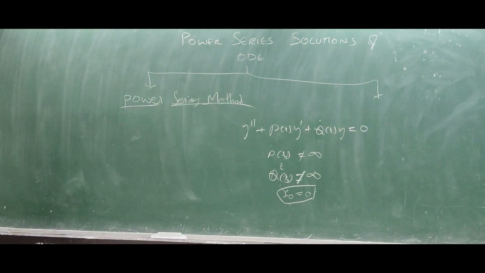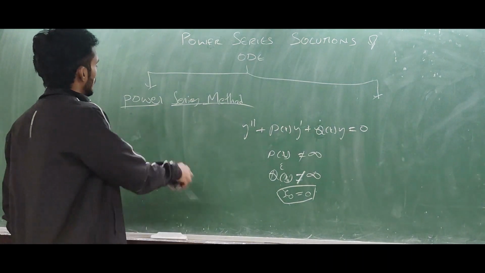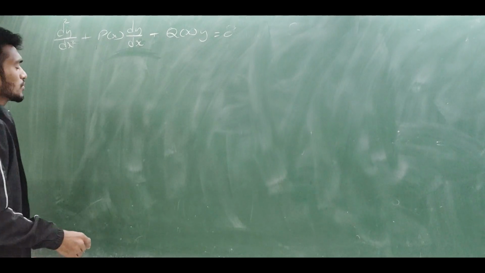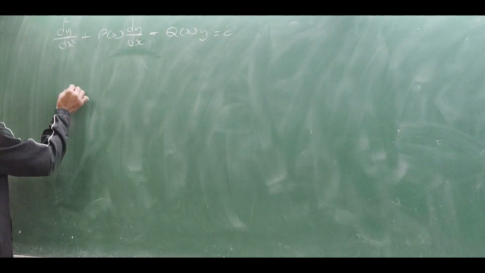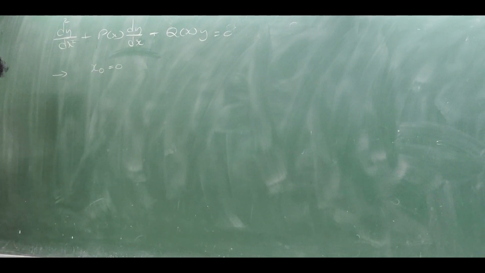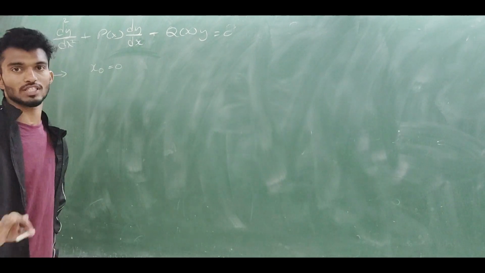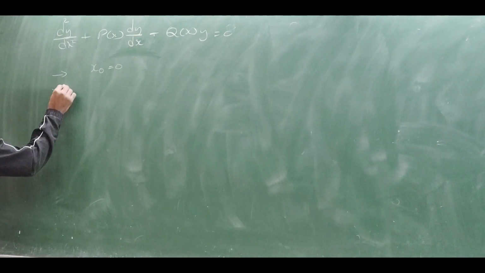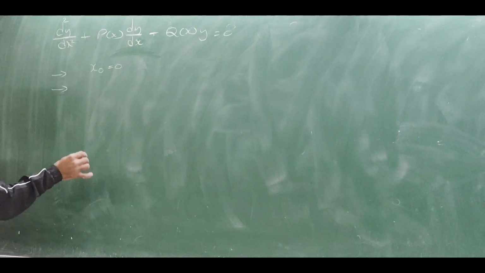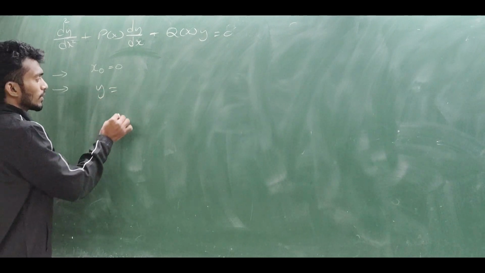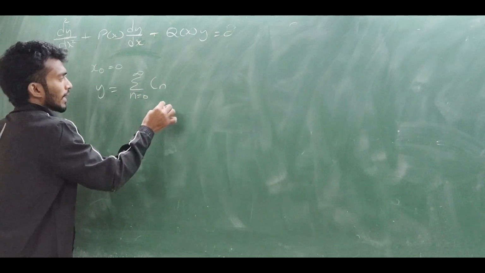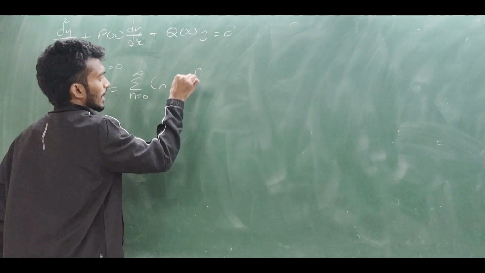Let's see the basic steps involved in finding the solution of an ordinary differential equation using the power series method. First step, we need to check whether the given differential equation has the ordinary point 0, so that we can solve it using the power series method. If x equal to 0 is an ordinary point, then the solution will be in the form of y equal to summation n equal to 0 to infinity c n into x power n.